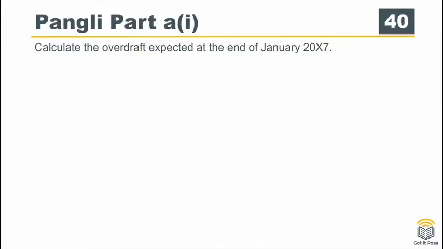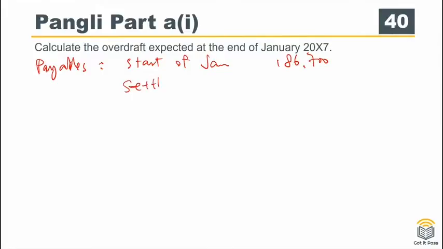Next is about the accounts payable. We know that the payable balance at the start of January is 186,700, and the settlement of the payables is 70% of the opening balance.